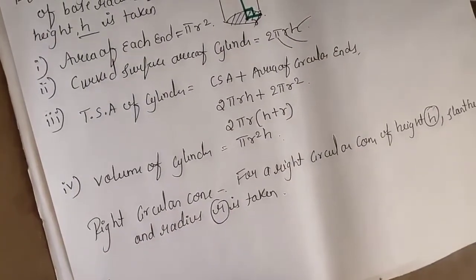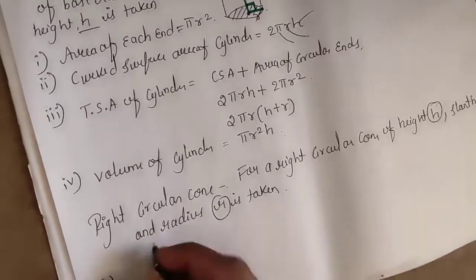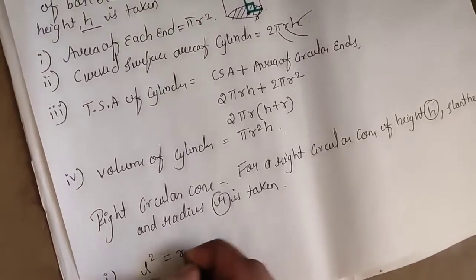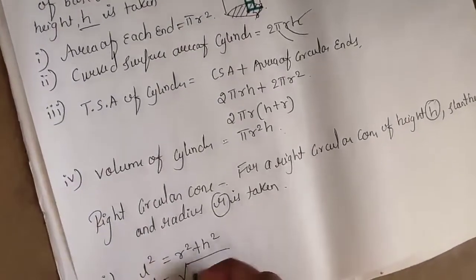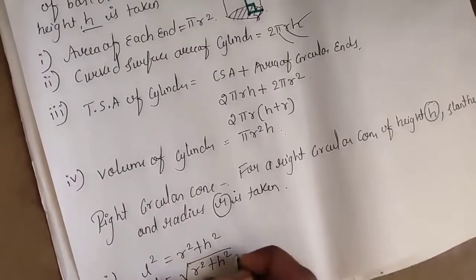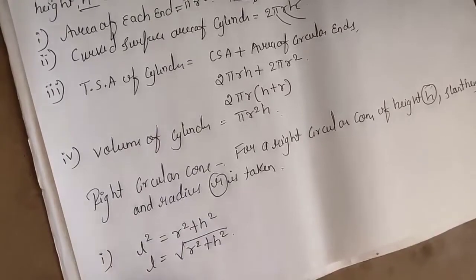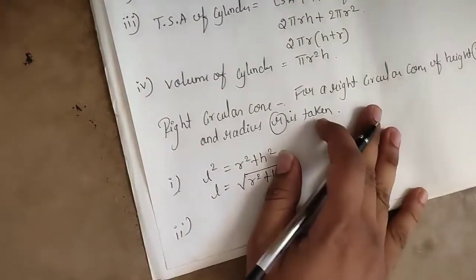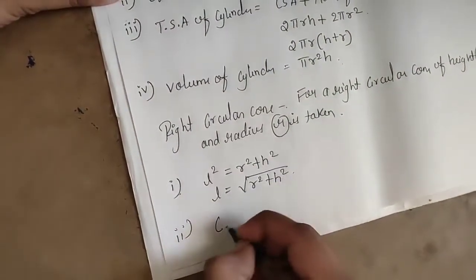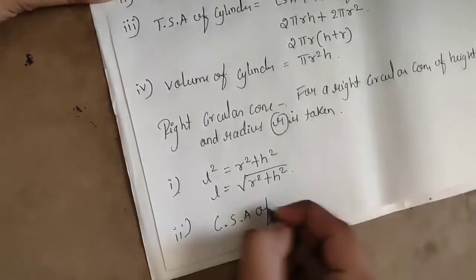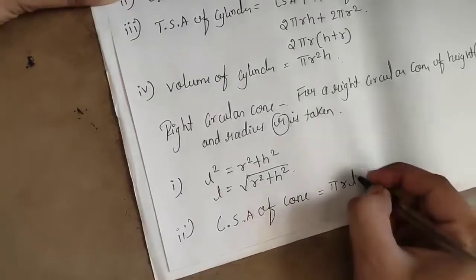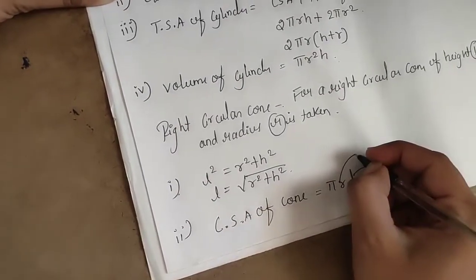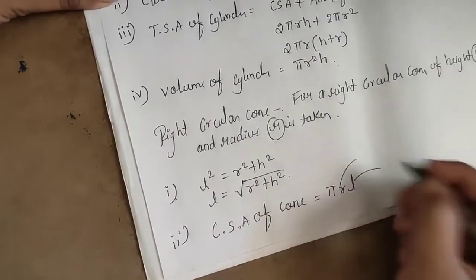First one, what is formula for slant height? L square is equal to r square plus h square. Again, L is equal to root of r square plus h square. Next comes, what is curved surface area of cone? CSA of cone is pi r L. L is slant height and r is radius of the base of the cone.